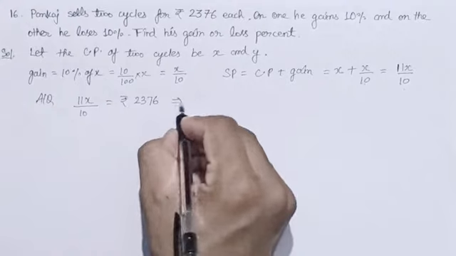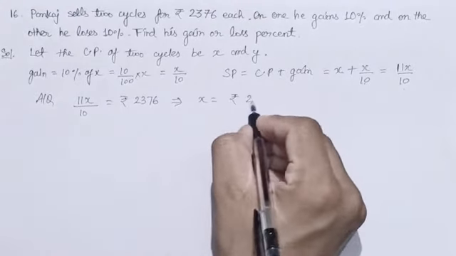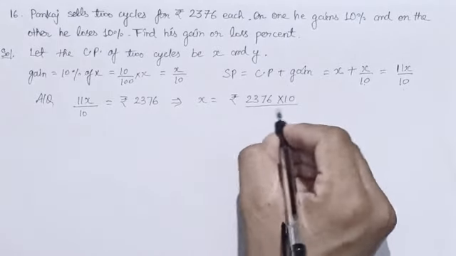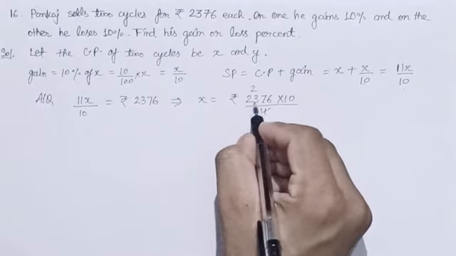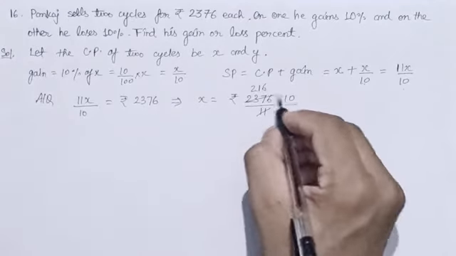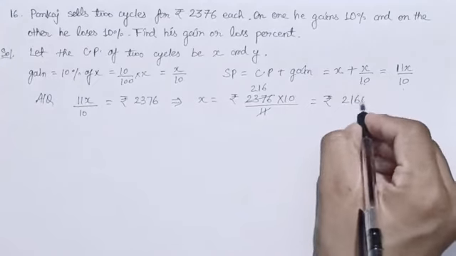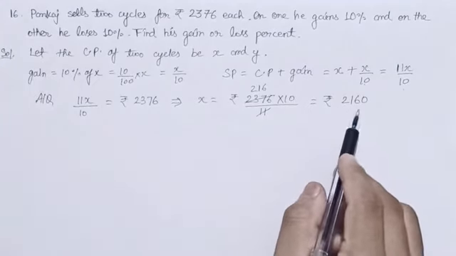From here it implies that X is equal to rupees 2376 into 10 divided by 11. Now 11 twos are 22, 11 ones are 11, and 11 sixes are 66. So 216 into 10 equals rupees 2160. It means the cost price of one cycle is 2160.